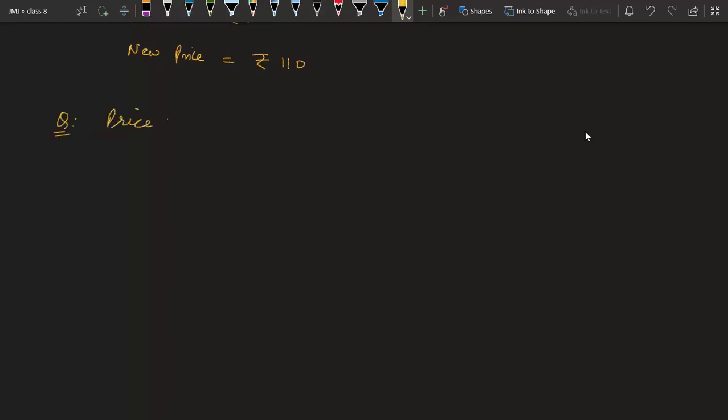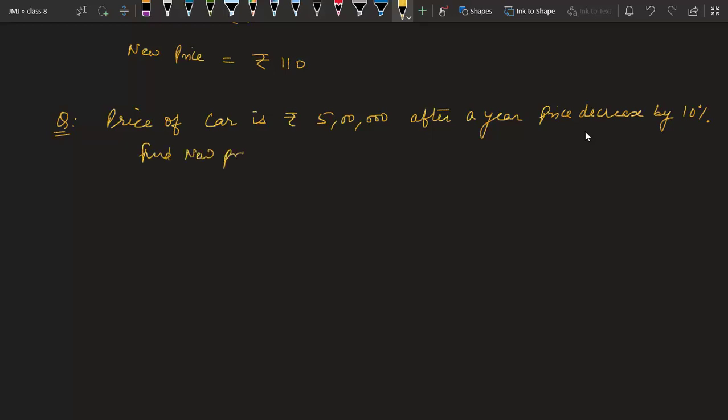Suppose a different question comes that the price of a particular car is rupees 5 lakhs. After a year the price decreases by, suppose, 10%. Find the new price. So after a year the model got old and the price reduced by 10%.